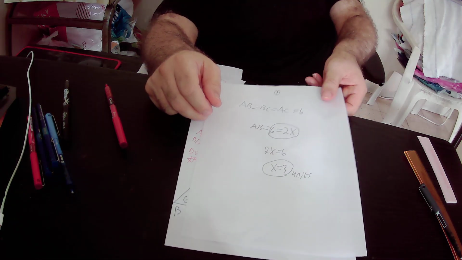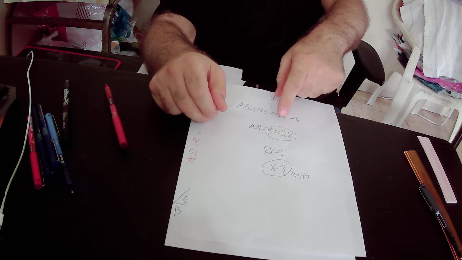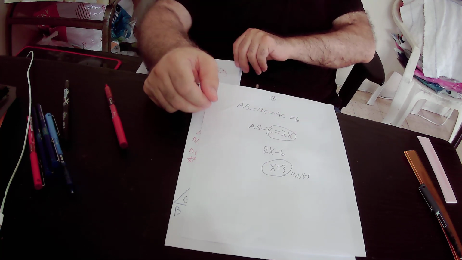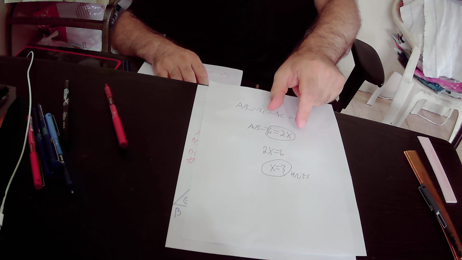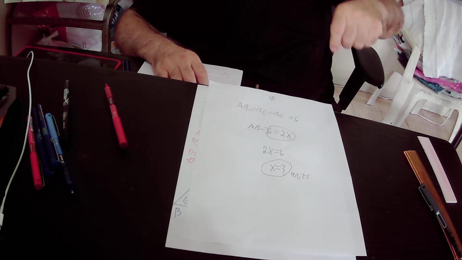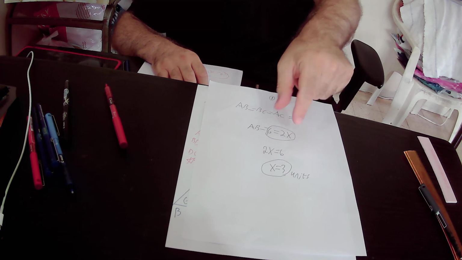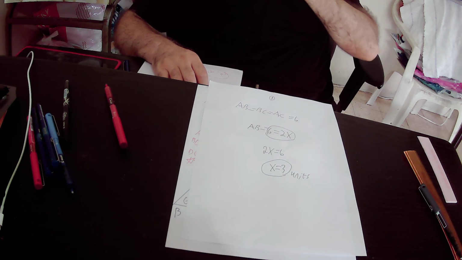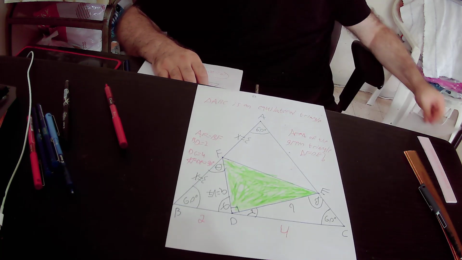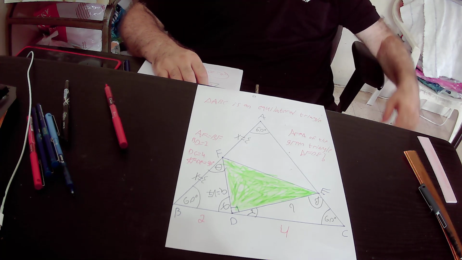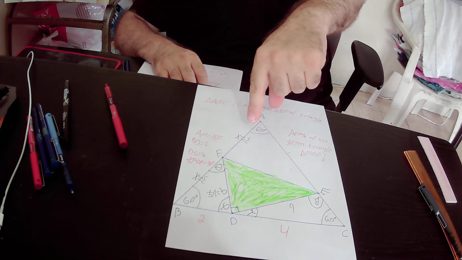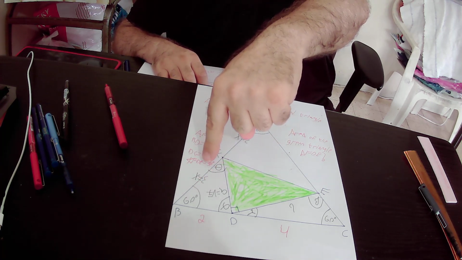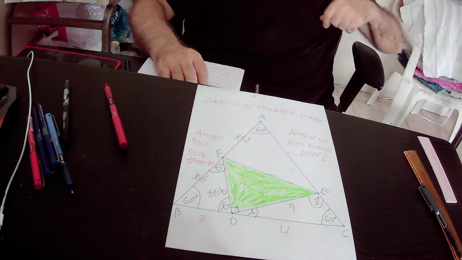We found that AB equals 6 units and also AB equals 2x, so 2x equals 6 units. If we divide this equality by 2, we get that x equals 3 units. That means AF equals 3 units and BF also equals 3 units.